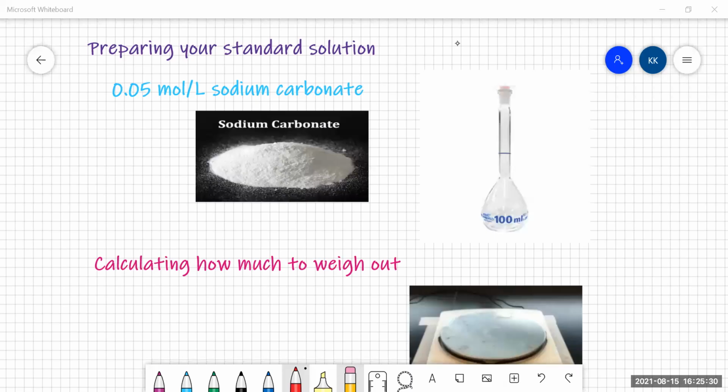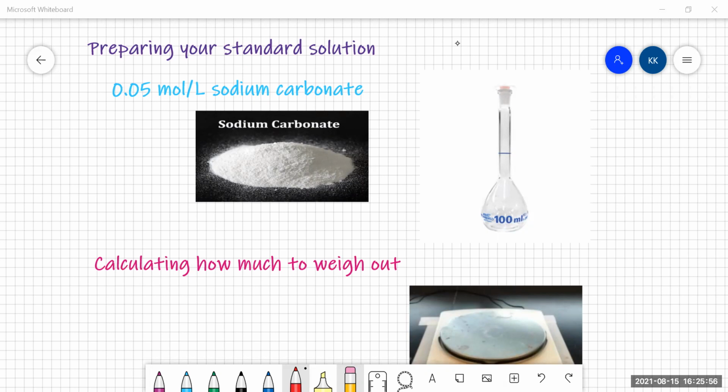In this titration, we are going to be looking at standardizing a hydrochloric acid solution using a sodium carbonate solution. So we know our hydrochloric acid is approximately 0.1 moles per litre. So we're going to make up a 0.05 moles per litre sodium carbonate solution. We need the sodium carbonate solution to be about half as concentrated as the acid.